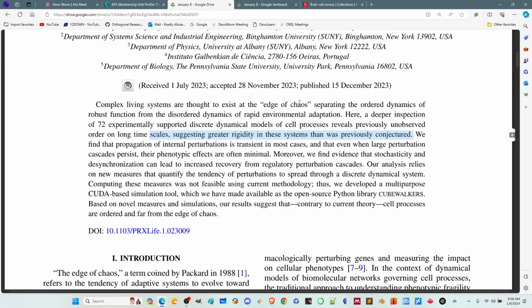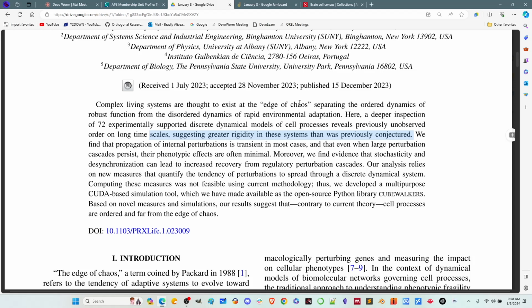Then we look at the models, we do this study, and we find that there's this order on long time scales. That means that when you have these kinds of changes, you have this regime of being change friendly, but it still hews to this long time scale of order. A good example of that is your body. Your metabolism can adapt to a lot of things.